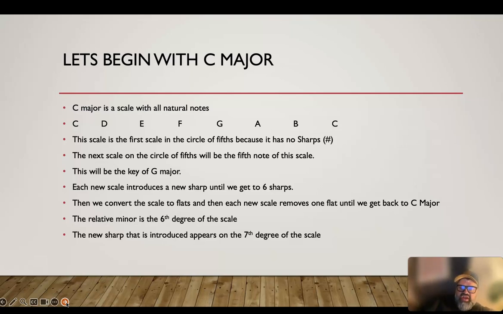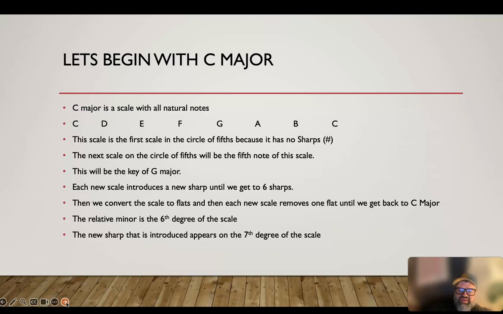So we learn the scales not according to their note names in the alphabet, but in order of how many sharps there are within them. So we know that C is 0, and the next scale will be the fifth note of the C scale. So that is G: C, D, E, F, G, and that will be the start note of the second scale on the circle of fifths.